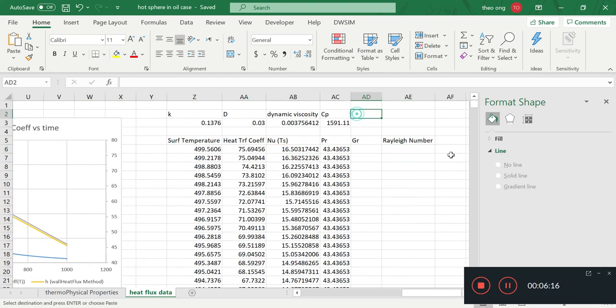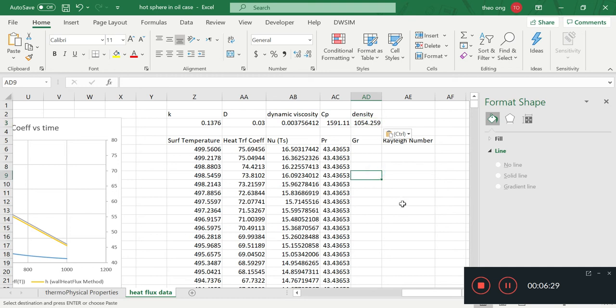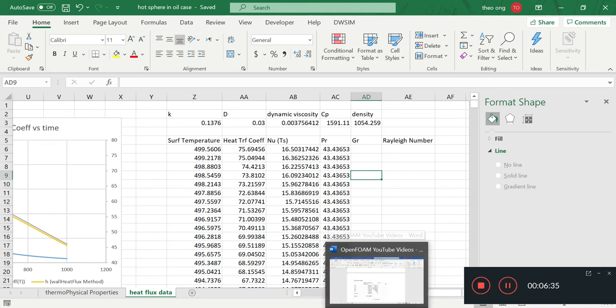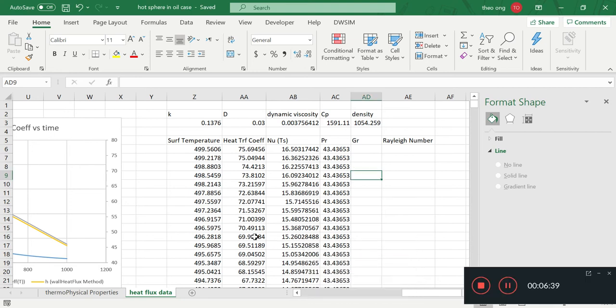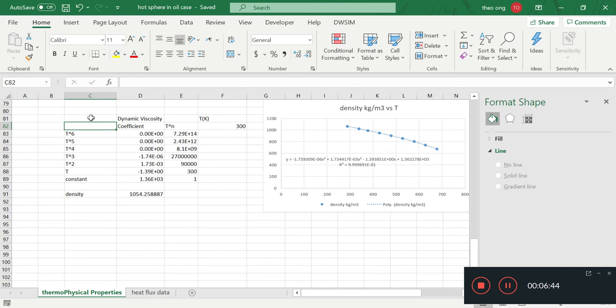Okay, so I'll put density here. Of course, if you want a more efficient way of doing it, you can, but I'll just leave it as that. Okay, density is done. Now we need to look at the beta, the expansion coefficient. For that, we just need to do some slight modification. Good thing this is a polynomial, so the differentiation is pretty easy.